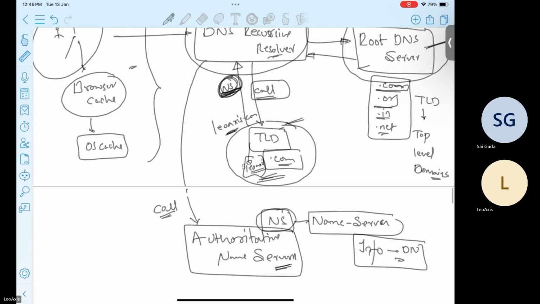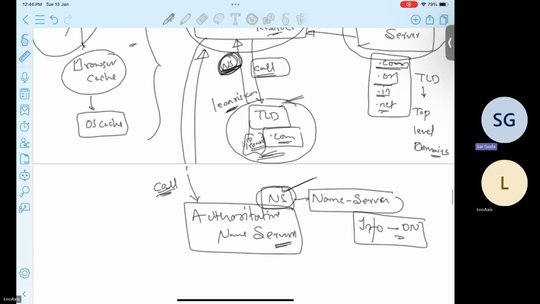The authoritative name server provides the information to the recursive resolver. The recursive resolver asks the authoritative name server, "Please tell me, what is the IP address of LeoAxis.com?"